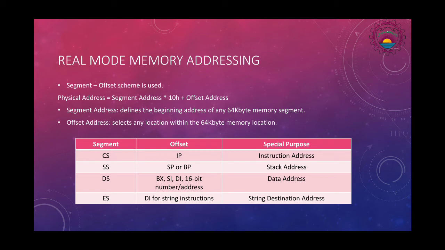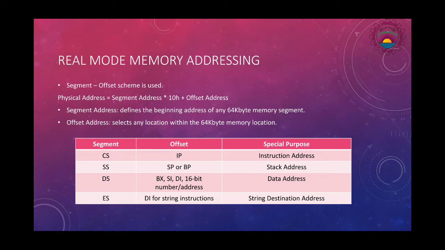And the generated 20-bit physical address formula will be DS into 10H plus whatever register or direct address is used as offset address. And that will be generating address of the data present within data segment.